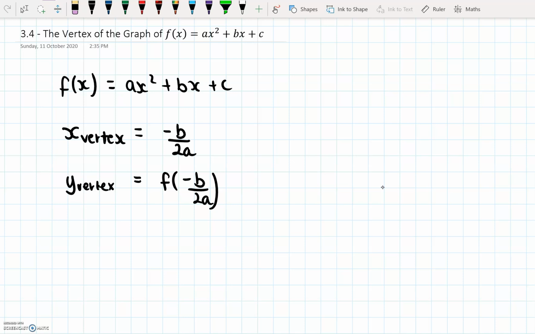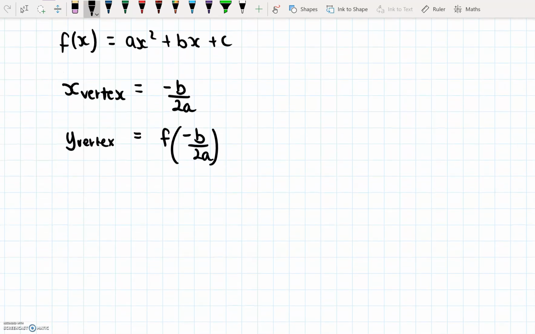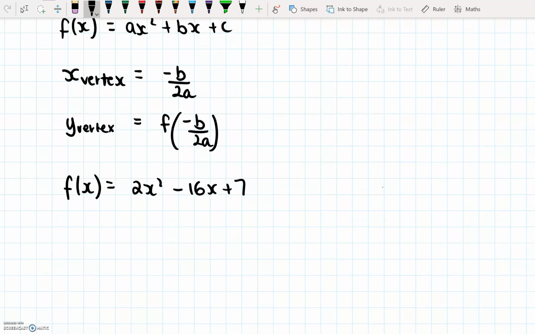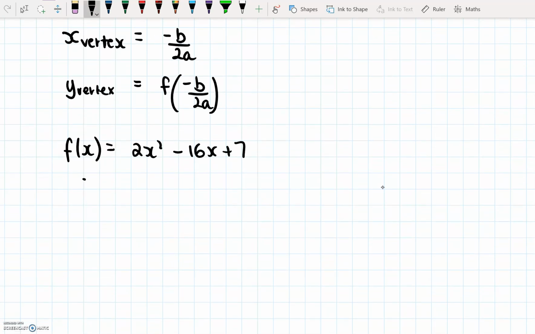So that's how we find the vertex. We'll do an example, but it's pretty straightforward. You just plug the numbers in. So if we have f(x) is 2x squared minus 16x plus 7, okay, then again your x vertex, and always write the formula, is negative b over 2a, and always be clear about what you're writing about.